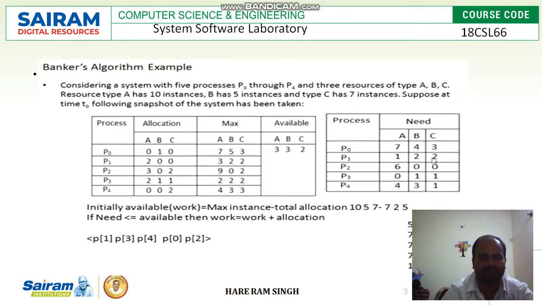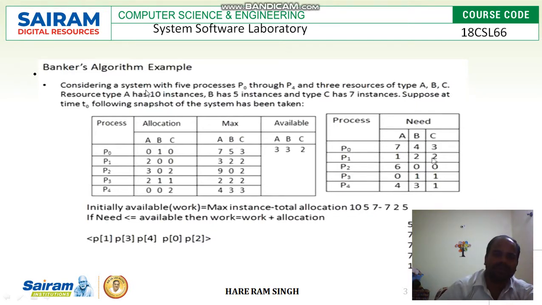Suppose P1 is waiting for P2, P2 is waiting for P3 and P3 is waiting for P1. This situation is called deadlock. Or if the number of resources is not enough to provide to any process, that is also called deadlock. Let us understand the banker's algorithm with one example.